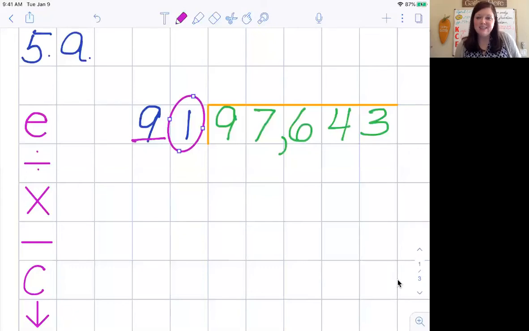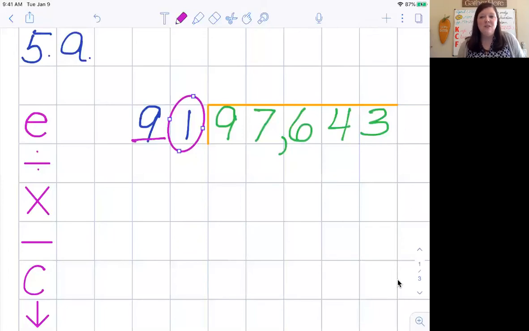Since it is less than 4, we are not going to mess at all with the 9, meaning we're going to keep the 9 exactly the way it is. So when we start to count, we will count by 9s instead of counting by 10s. Now, look at your dividend, 97,643. You'll notice that there are 1, 2, 3, 4, 5 digits.